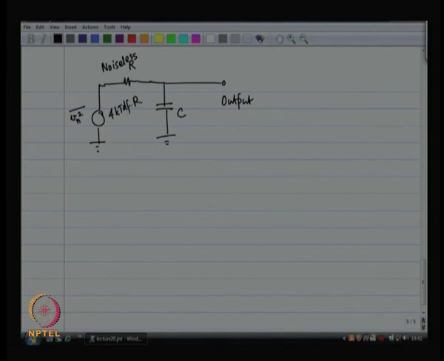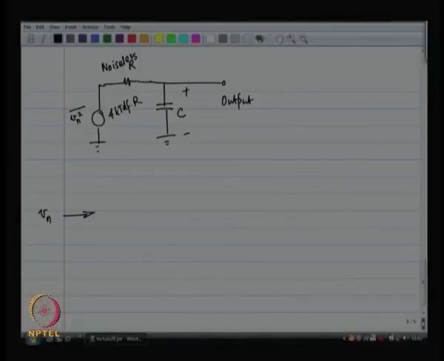Right. This is what I have got and I want to find out what is the voltage across the capacitor. So, if I apply a voltage Vn, then what is the voltage that I see across the capacitor?